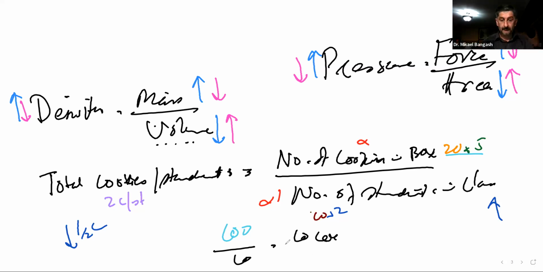Now, if we do both, increase the number of cookies in the box and also double the number of students, then you're going to end up with a total of 20 students and 100 cookies.